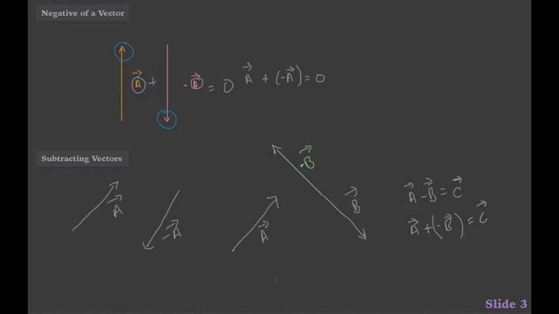Let me draw vector A here, and then draw vector B, which is from here to there. And what we have is this resultant.